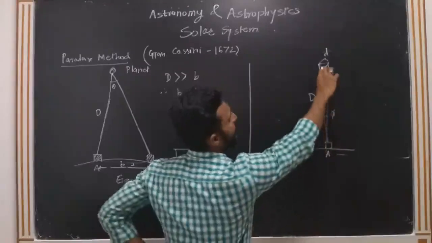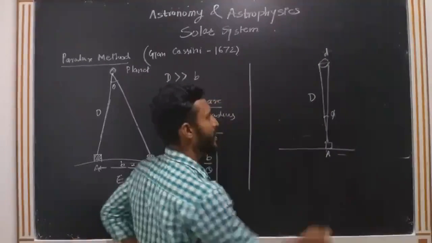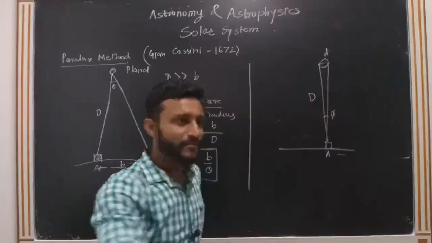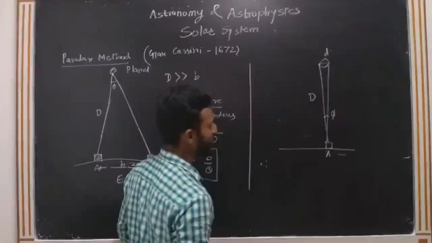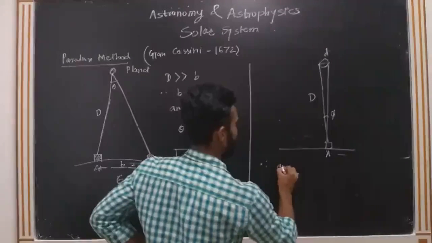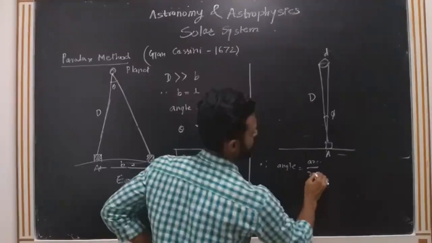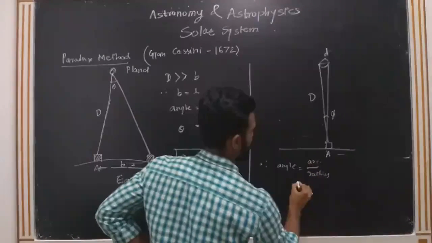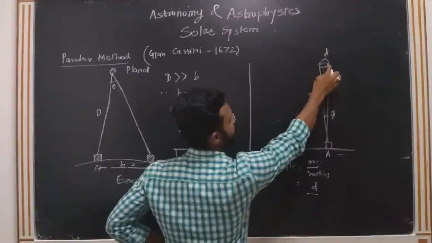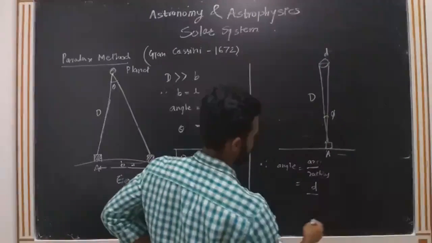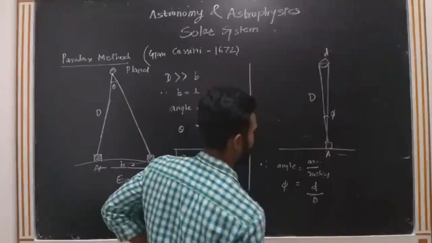Again, if we draw the circle, this is the arc length, which is nearly equal to the diameter because the distance is so far. Therefore again angle equals arc upon radius, which is equal to d, the arc length nearly equal to the diameter of that planet, over the radius D, and this is the angle phi.